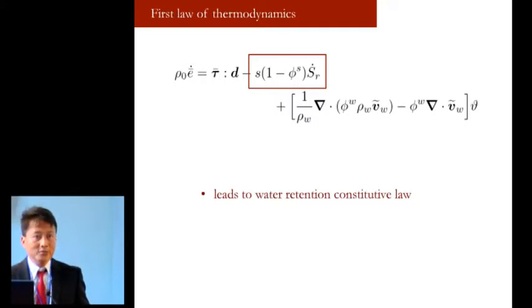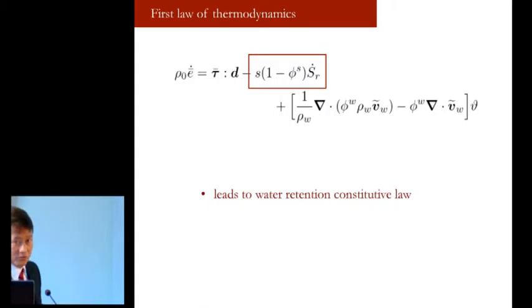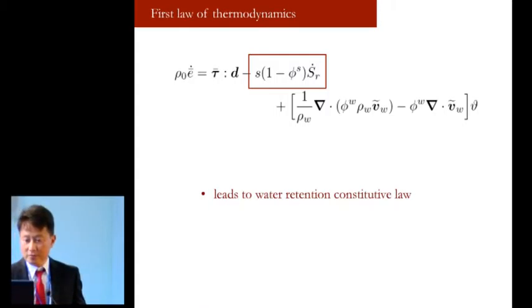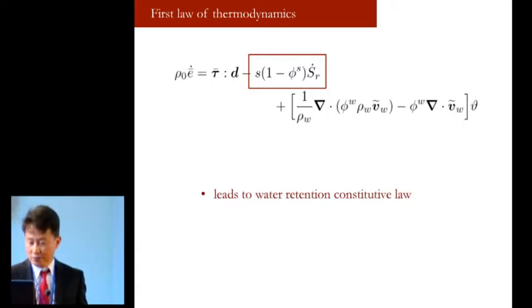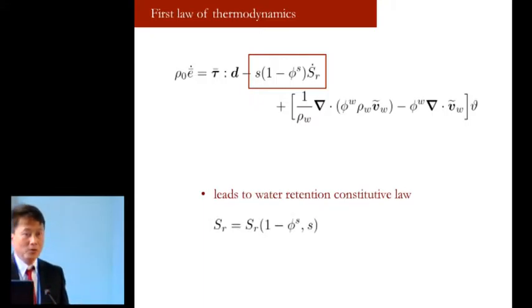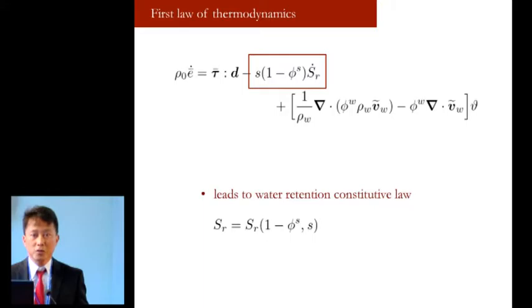This suggests that we must have a relationship among three variables, including the degree of saturation, porosity, and suction stress. Or that the degree of saturation should be expressed as a function of the specific volume or the Kirchhoff suction stress. Or that the degree of saturation should be expressed in terms of the Jacobian of the solid phase motion and the Kirchhoff suction stress.